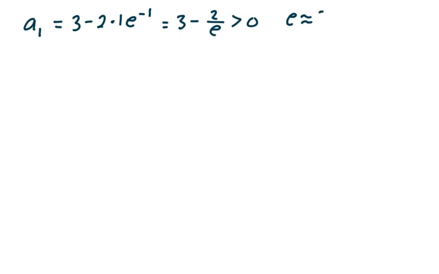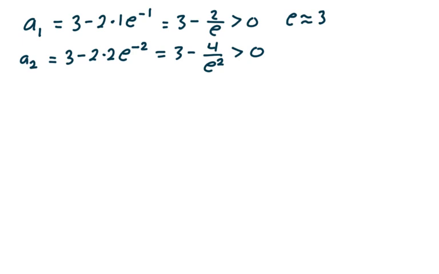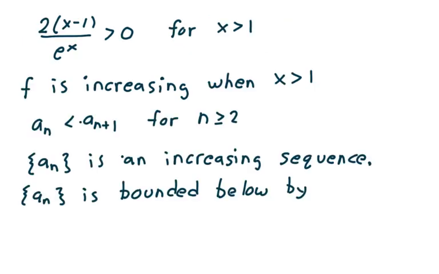It's not exactly 3, right? Of course. It's 2.71828, right? But we're almost at 3. And so 3 minus 2 over e is positive. If I plug in a2, I get 3 minus 2 times 2 e to the negative 2, which is 3 minus 4 over e squared. And that's also positive, for sure. And so what we can say is this sequence is bounded below by 0. Most definitely.